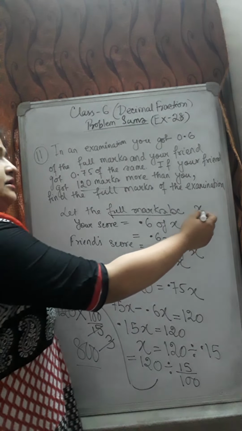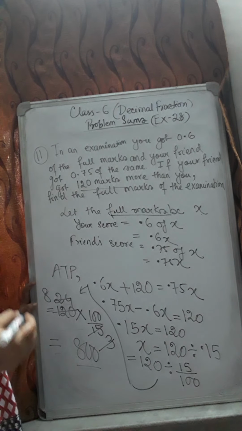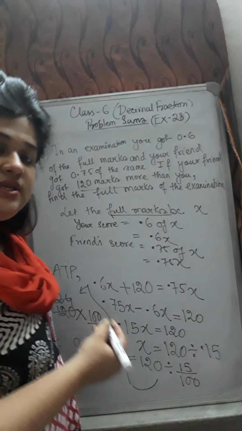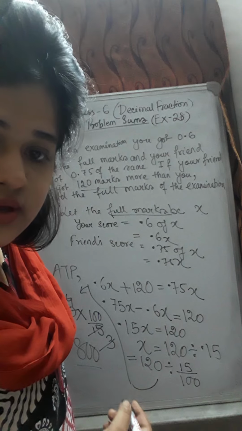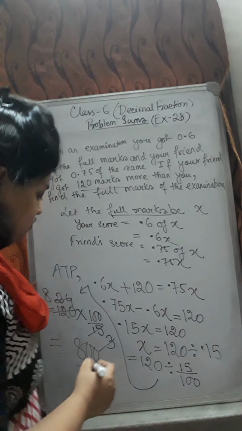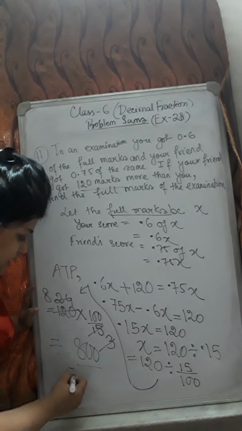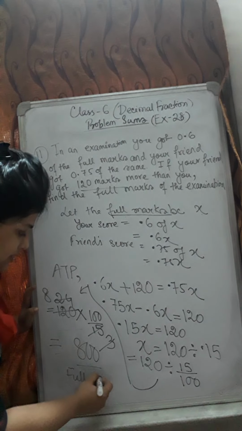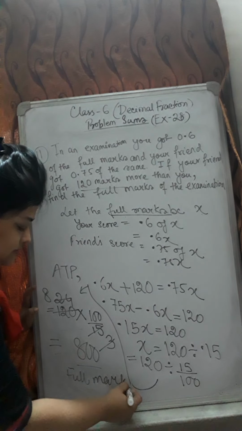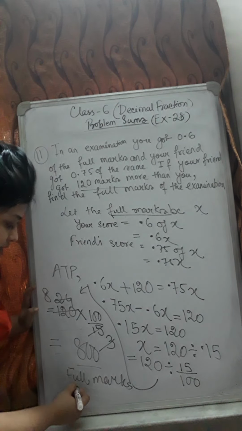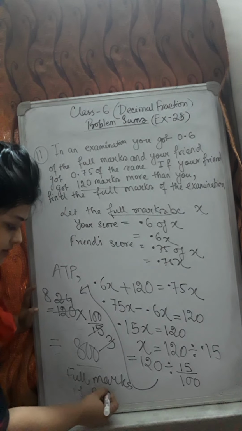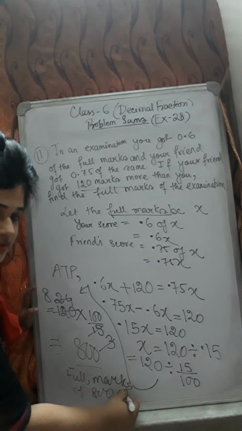The unknown full marks, which you need to find. What is the full marks of the examination? So the full marks of the examination is equal to 800, and that is our answer.